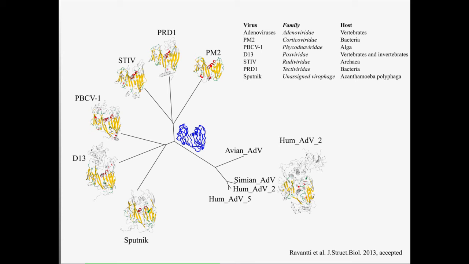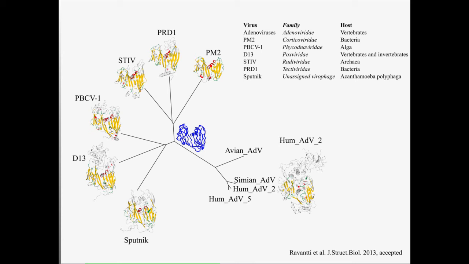Does this tell us that the host proteins that they're recognizing are going to be very similar as well? So the question here is the host proteins that they're recognizing also going to be very similar? It turns out that in all of these cases that I've talked about, the actual receptor interaction is very different. It's actually a separate protein which is doing that.